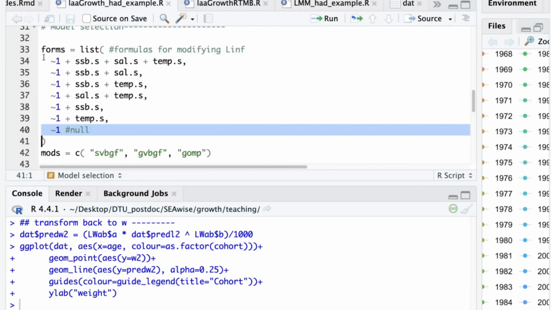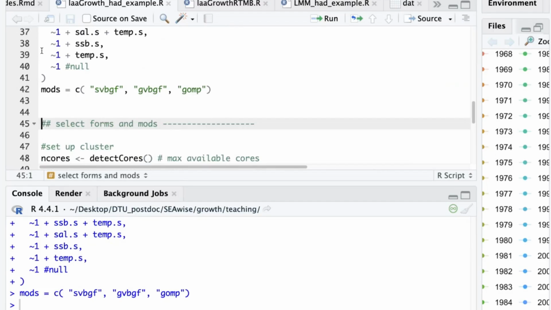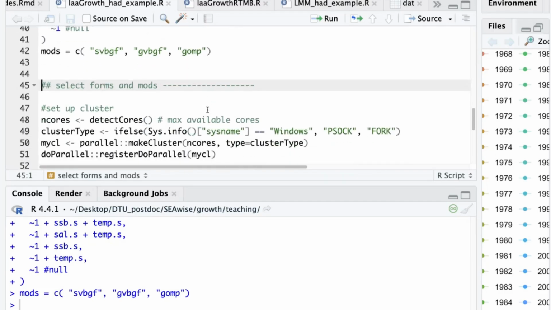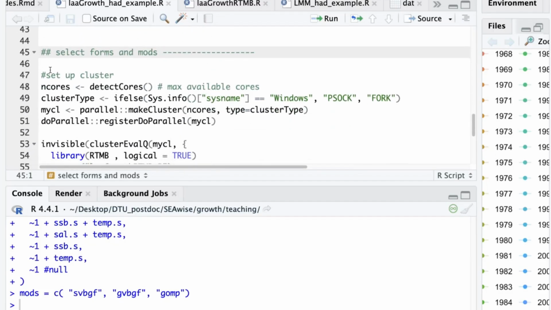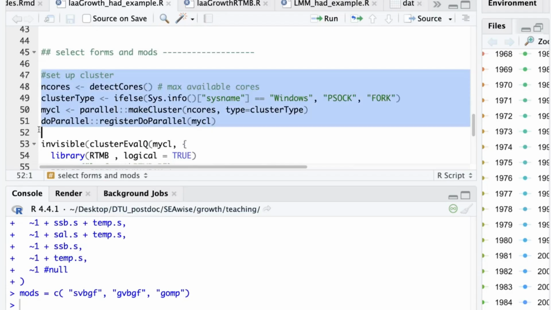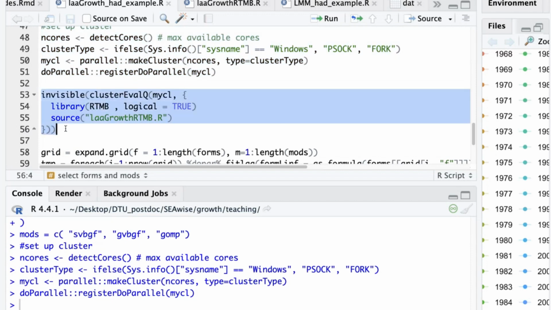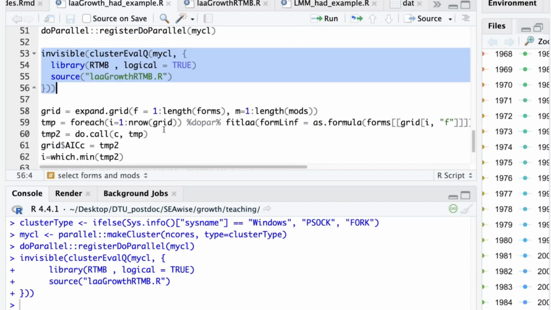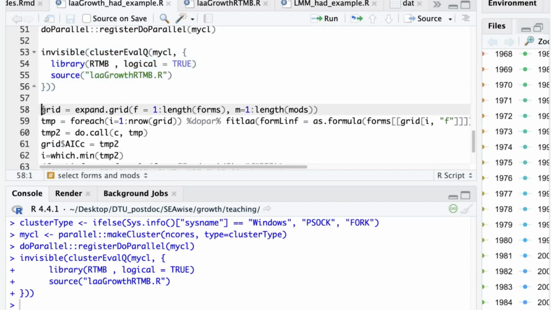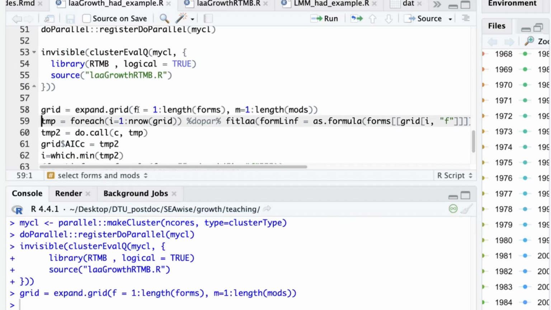So I'll load those objects in, and then I'll set up a cluster just to make it faster. Then I set up this grid where F is 1 to the length of the formula list, and M is 1 to the length of the model options.